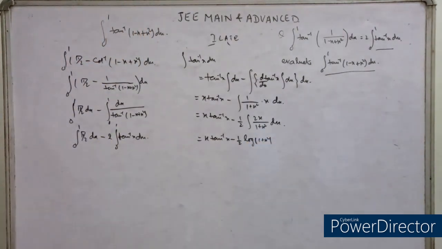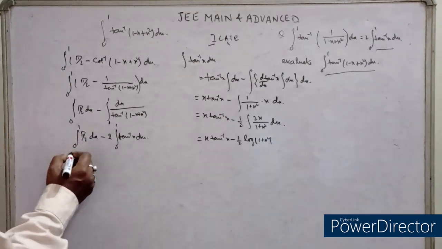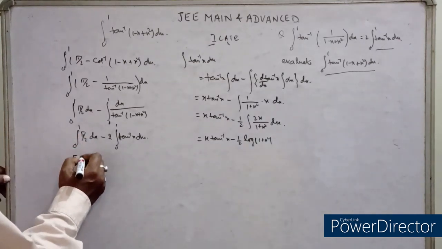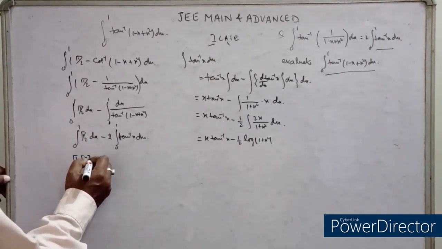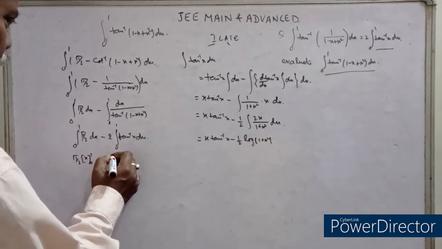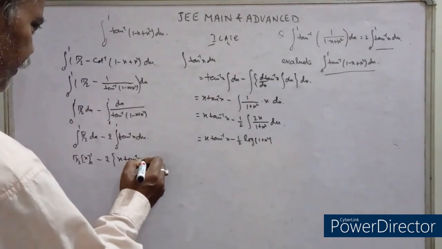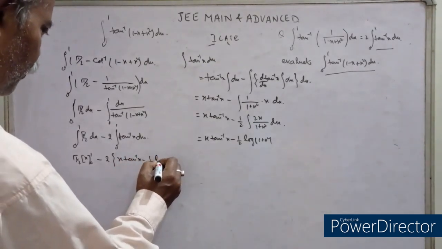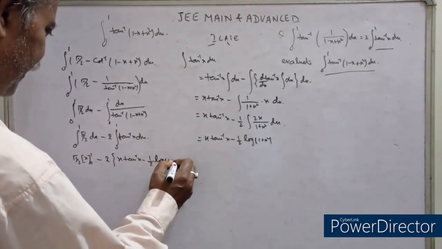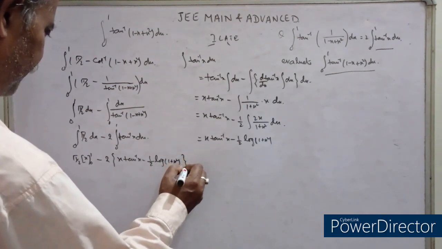So I put this value here: pi by 2 times x from 0 to 1, minus 2 times [x tan inverse x minus 1 by 2 log of (1 plus x square)], with limits 0 to 1.